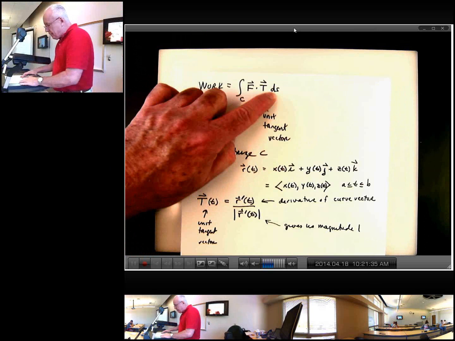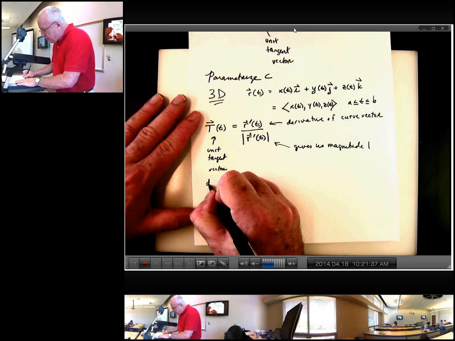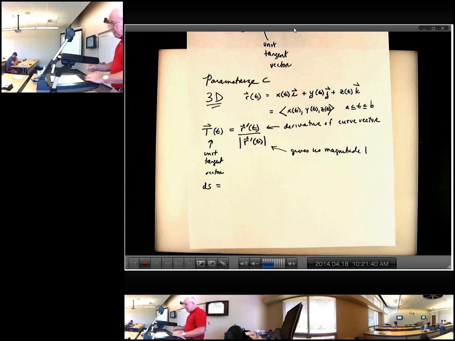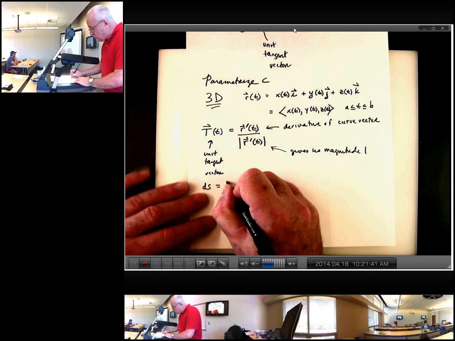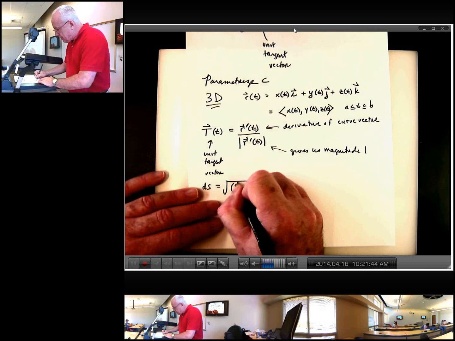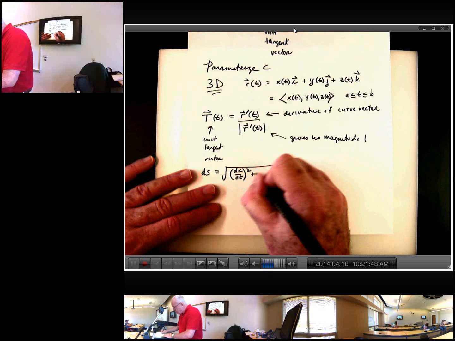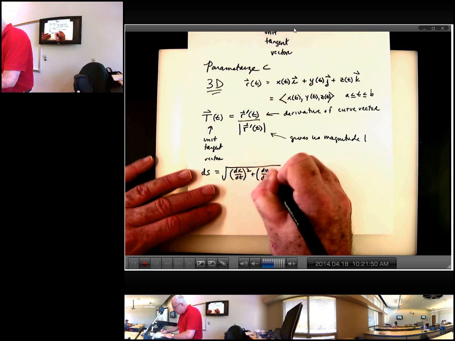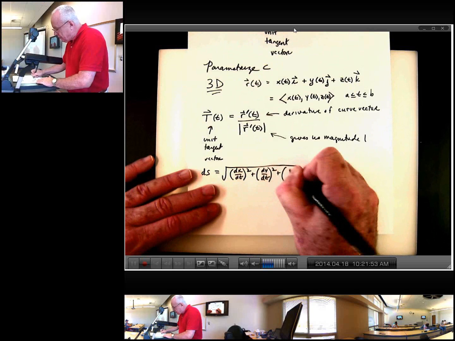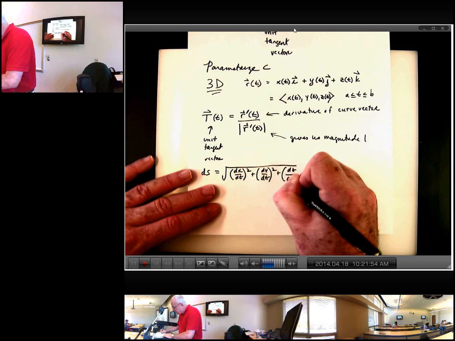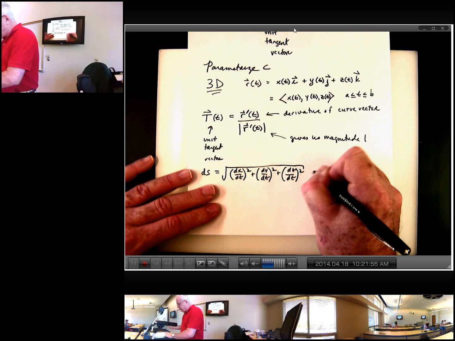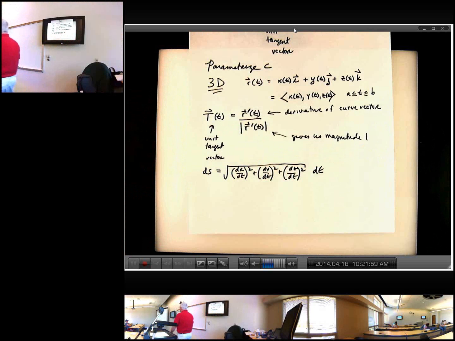Now ds, I'm going to replace ds like I did before with the square root of dx/dt squared plus dy/dt squared plus dz/dt squared dt. I'll replace ds with that.